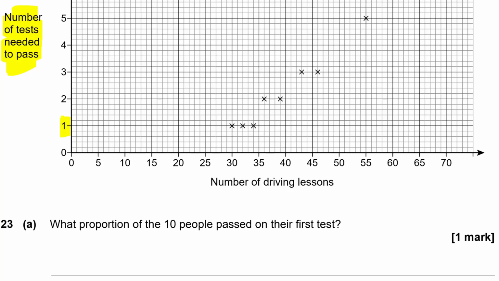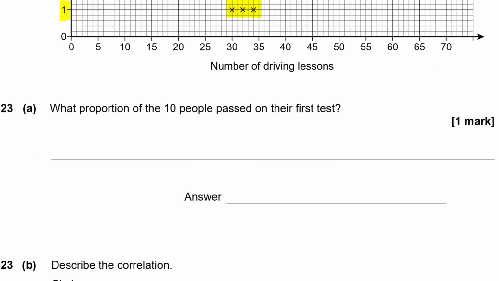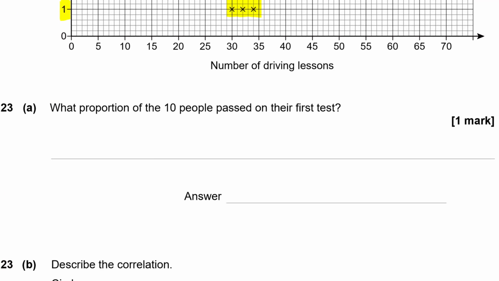And you can see that we've got 1, 2, 3 little x's on that line. So 3 people passed on their first test out of a total of 10 people. So what proportion of the people passed on their first test? It's going to be 3 out of 10, or 3/10.